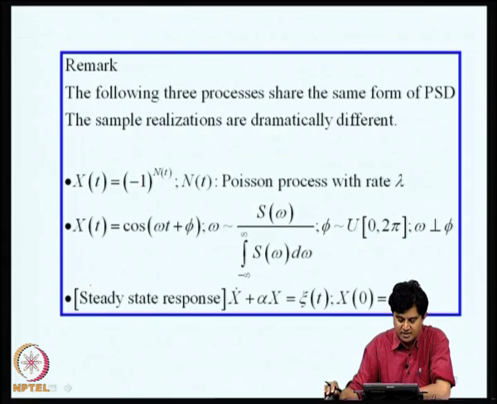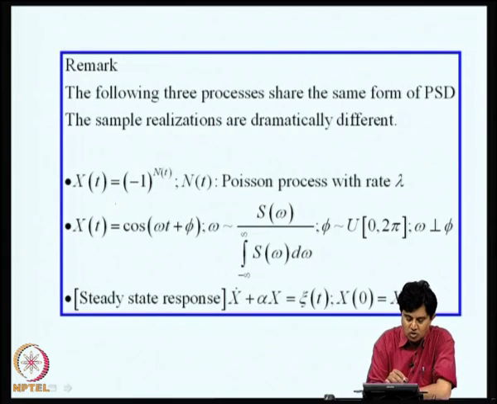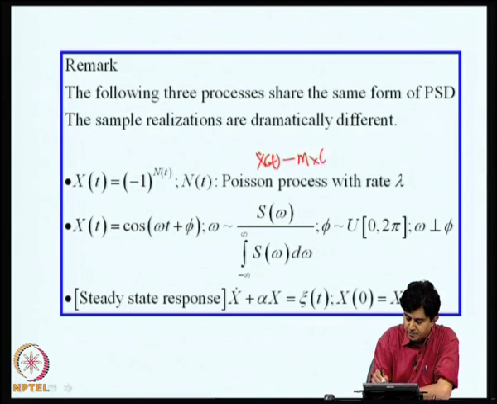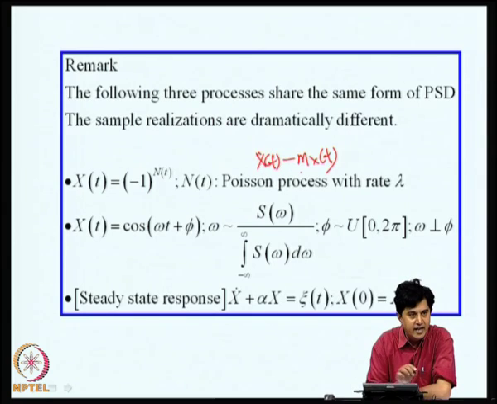Just to summarize, we saw one example earlier, x of t is minus 1 to the power of n of t, where samples were like square waves. In this, if we deduct the mean, this quantity had a power spectral density function or autocovariance function which is the same as the power spectral density of the response of this system.